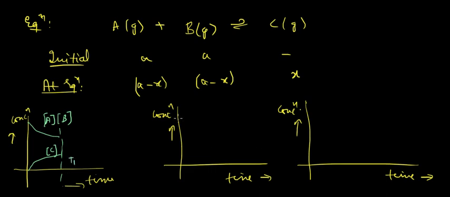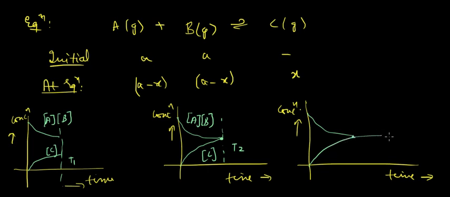Now let's say this reaches an equilibrium point wherein the rate of the forward direction and the rate of the backward direction are equal, at time t2. Okay, and after the equilibrium is reached, we have a time t3 in which the concentration of neither A, B nor C is changing.